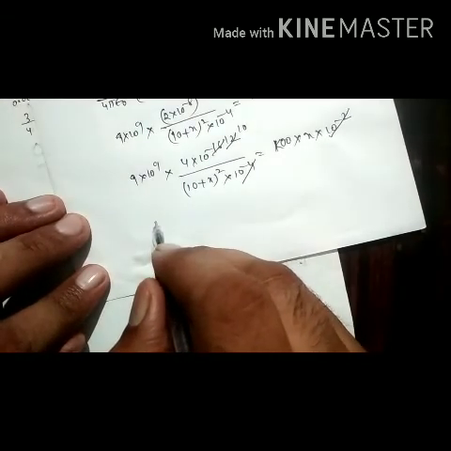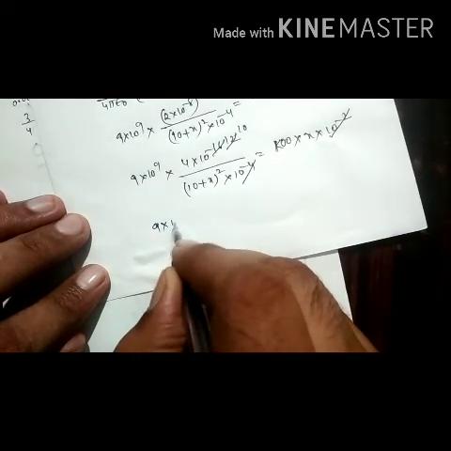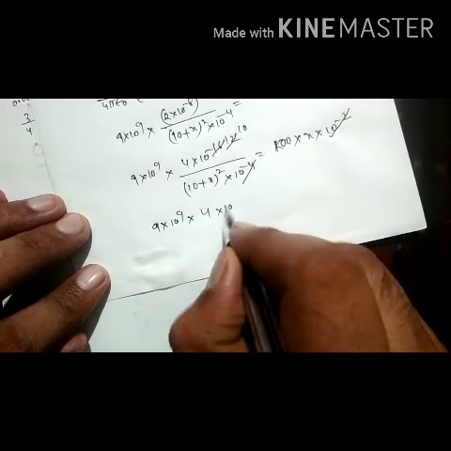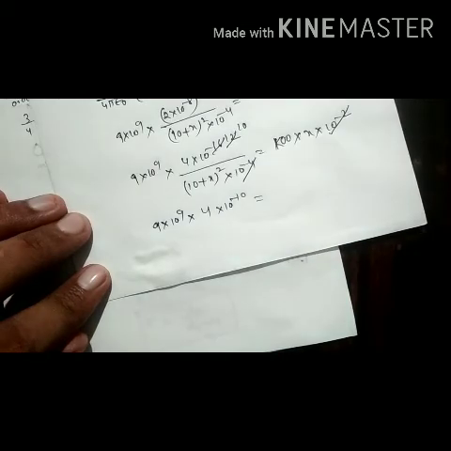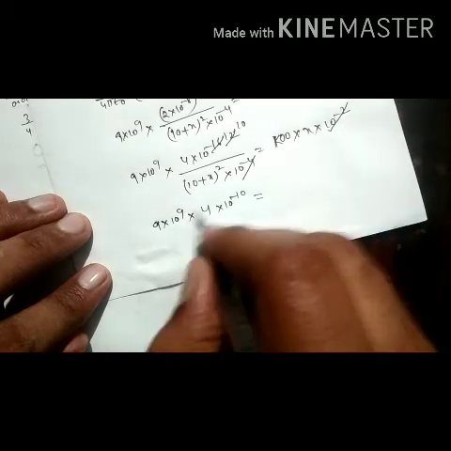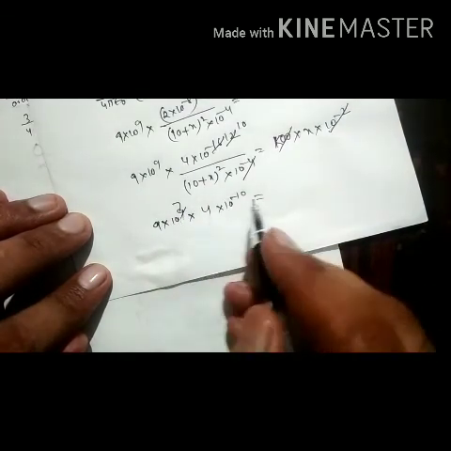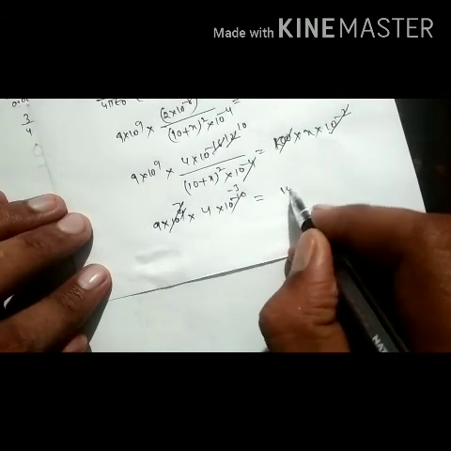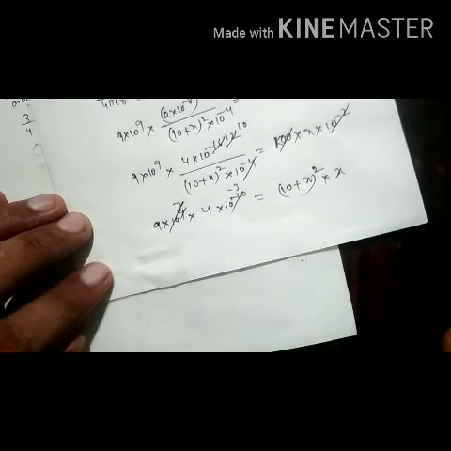So how can we write? If I take that, 9 into 10 to the power of 9 into 4 into 10 to the power of minus 10 equal to 100. 100 means 10 squared, so 7 minus 3, simply it will become minus 3, is equal to 10 plus x whole square into x.